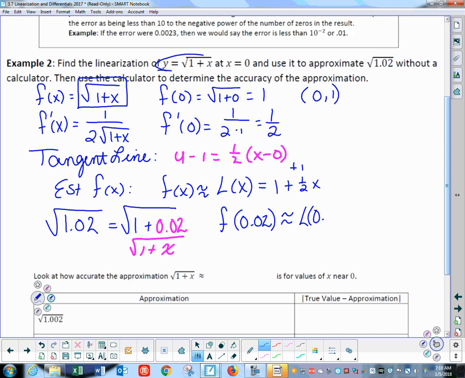And that'll give us a linearization at the location of 0.02. And that would turn out to be 1 plus 1/2 of 0.02. Half of 0.02 would be 0.01. So there's our estimation. Now, that would be for f at x being 0.02. I think for clarity's sake, I'm going to write down that the square root of 1.02 is approximately 1.01.